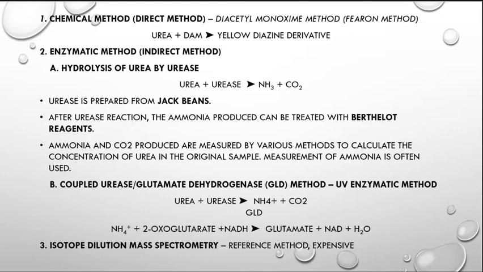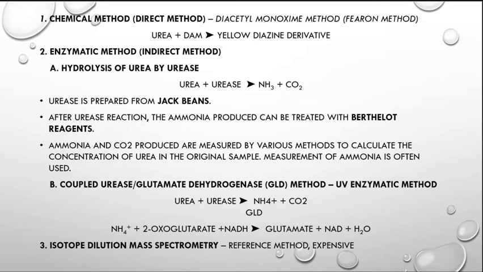We have your chemical method, or this is your direct method. We use the diacetyl monoxime or monoxime method, usually called the Fearon reaction. We have urea plus your DAM, diacetyl monoxime.